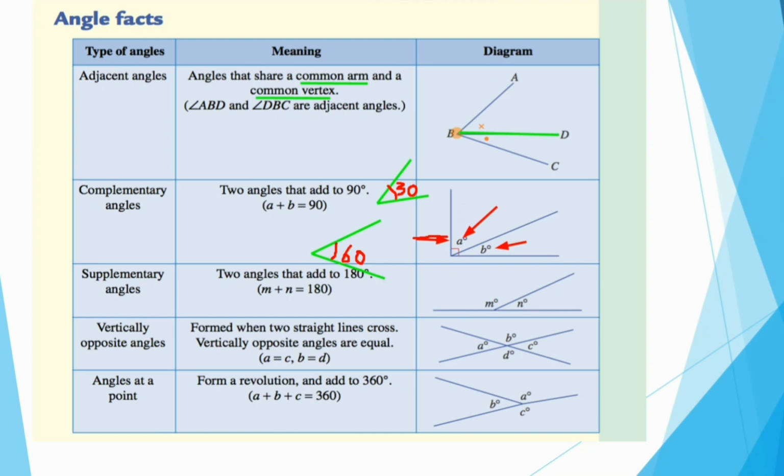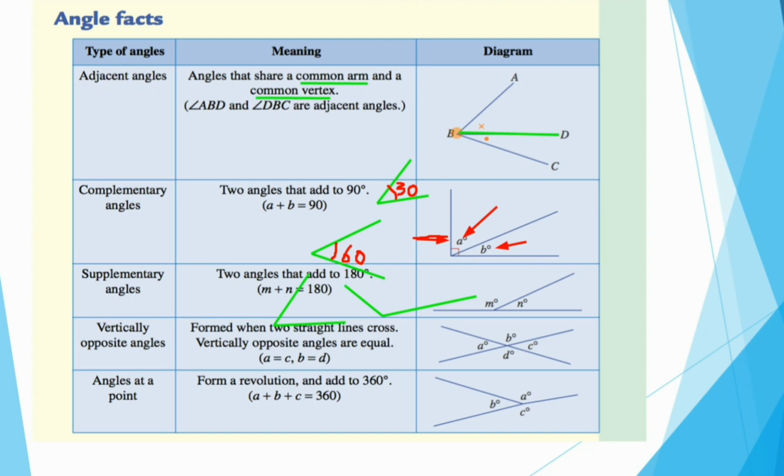Same with supplementary angles. Supplementary angles are those angles which add up to 180 degree, are those angles whose sum is 180 degree. So here also they have shown like adjacent angles, but they are showing because they add up to 180 degree. But here also they can be two different angles. So suppose I draw one angle like this and another angle like this.